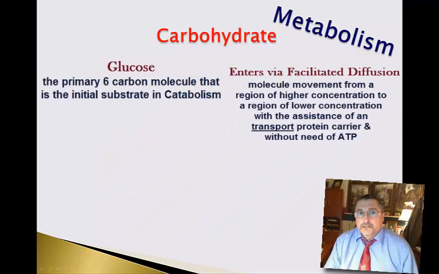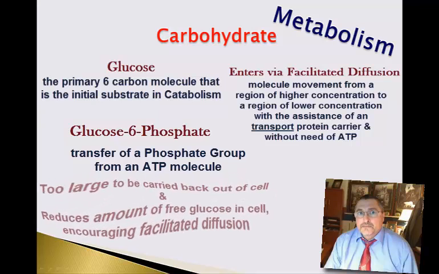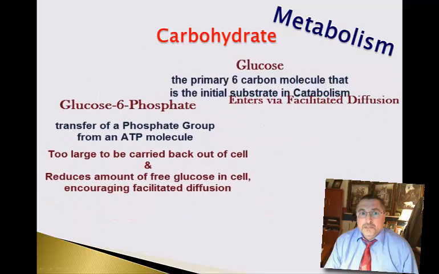Glucose will enter the cell using facilitated diffusion, and it will quickly be modified by adding a phosphate group to the end of it so that we make it too large to fit back out through that same portal. This new molecule is called glucose 6-phosphate. Now that's going to have another advantage to us. It's going to ensure that the level of glucose inside the cell stays low at all times, because as soon as we add the phosphate group to it, it's no longer glucose.